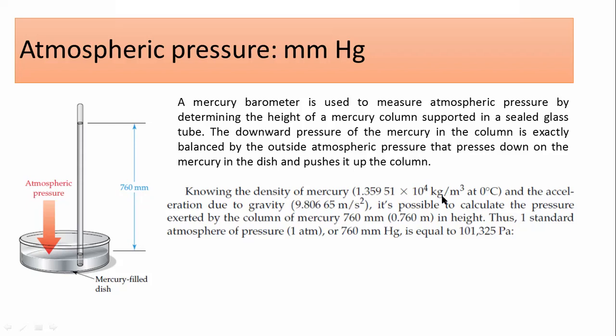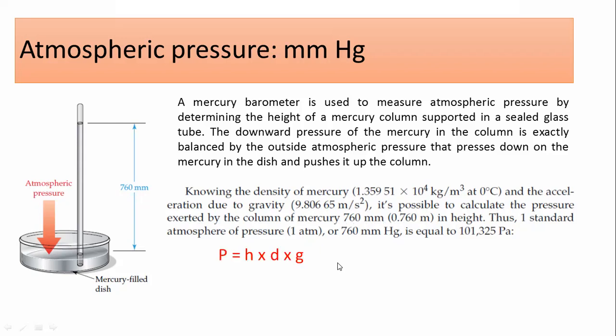The density of mercury, this is the standard value, 1.35951 times 10 exponent 4 kilogram per meter cube, and acceleration due to gravity is the same, 9.8 meter per second square. So now it is possible to calculate the pressure by the column, that is 760 mm, or you can say 0.760 meter, because you have to divide by 1000 to convert into meter.